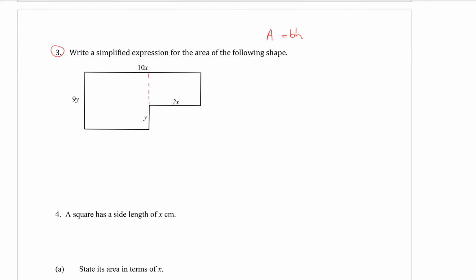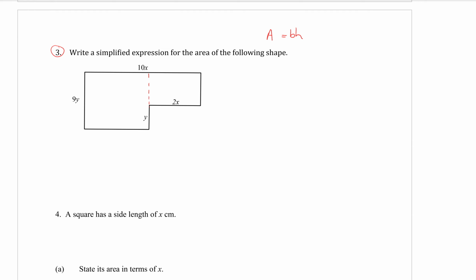So I'm going to write that at the top to remind me that the area of a rectangle is that formula, okay? So this big rectangle, I know the height is 9y. How long is this part here? And don't say 10x because 10x goes all the way across. 8 what? 8 x's. Very good.